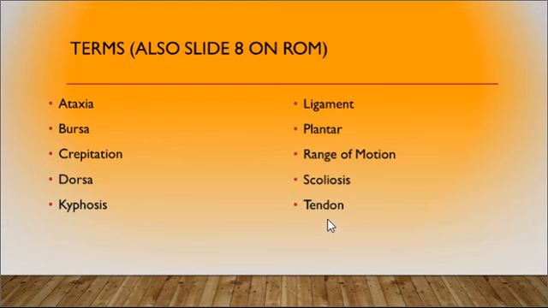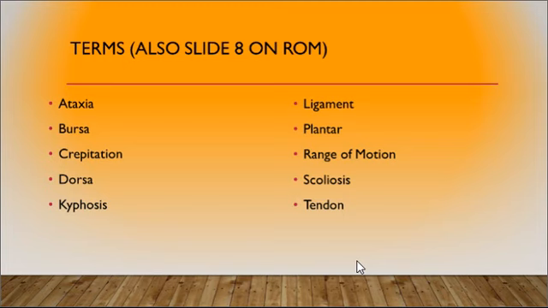Ligament, bone to bone, tendon, muscle to bone. Plantar, the opposite of dorsa. Plantar is the surface of the sole of the foot, where you think of checking pulses on the dorsa or surface of the foot, not the plantar side. You will get your dorsalis pedis pulse. That's dorsalis. It's on the dorsal surface pedal of the foot.